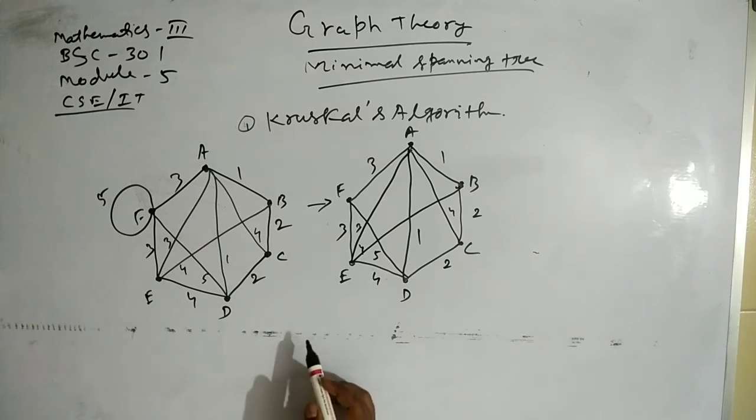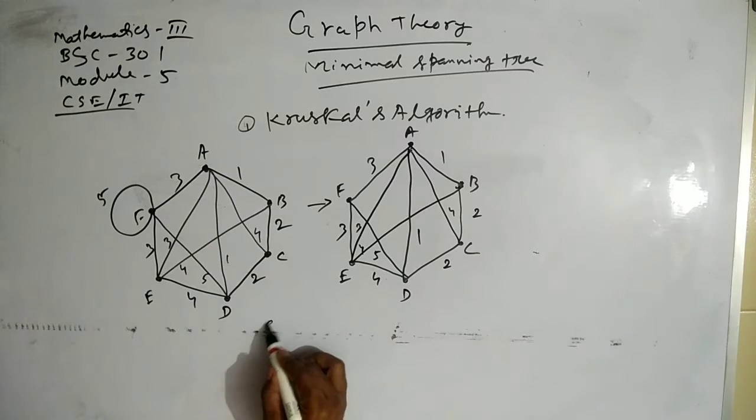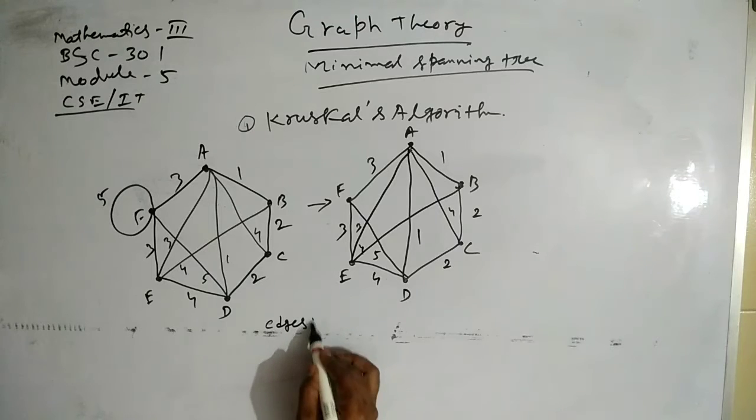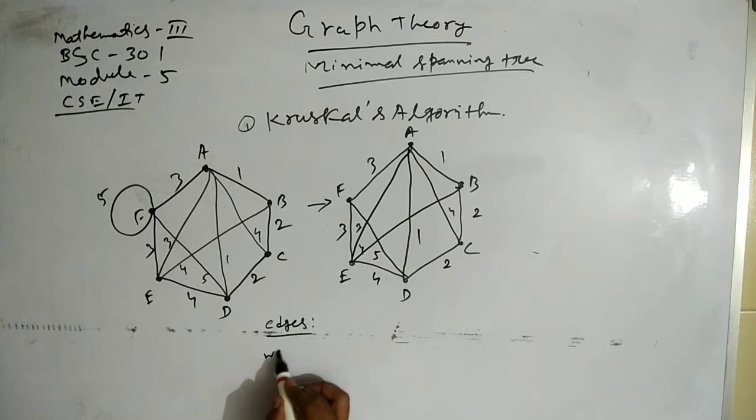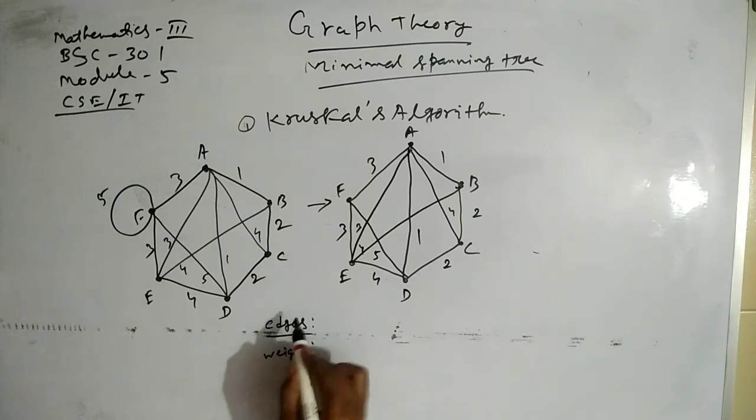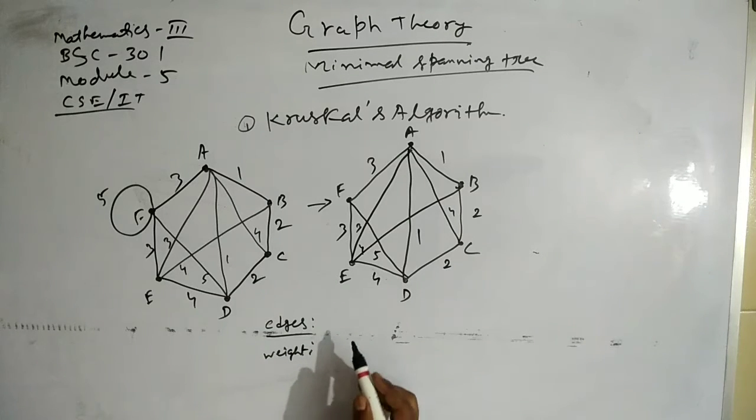So we can form a table for our convenience. Edges and weight, these are the two rows of the table. Okay, so what are the edges?